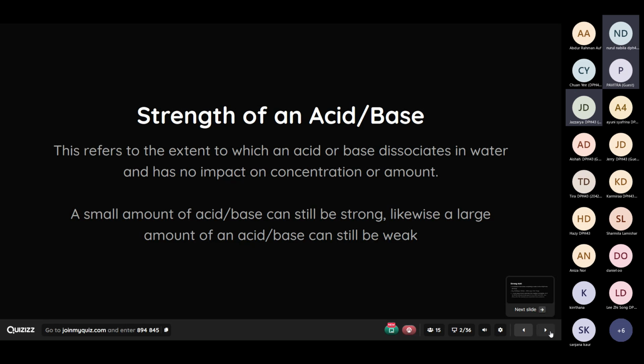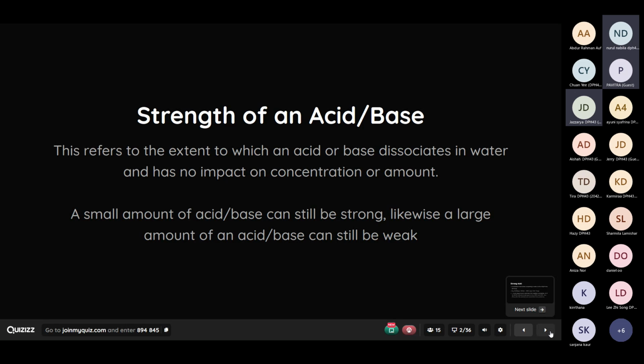Okay, that's the keyword: the ability of a substance to produce ions. Which ion? It depends on the kind of base we are defining. So a small amount of acid and base can still be strong, and likewise, a large amount of acid and base can still be weak.